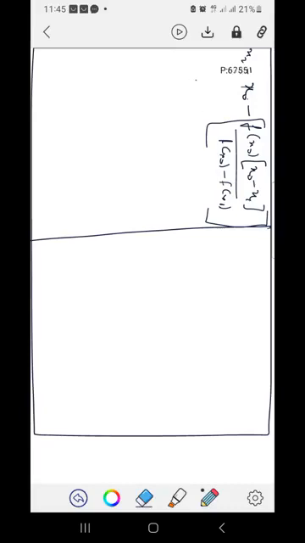We know that our x naught equals 1, x1 equals 2, f of x naught equals minus 1, and f of x1 equals 5.